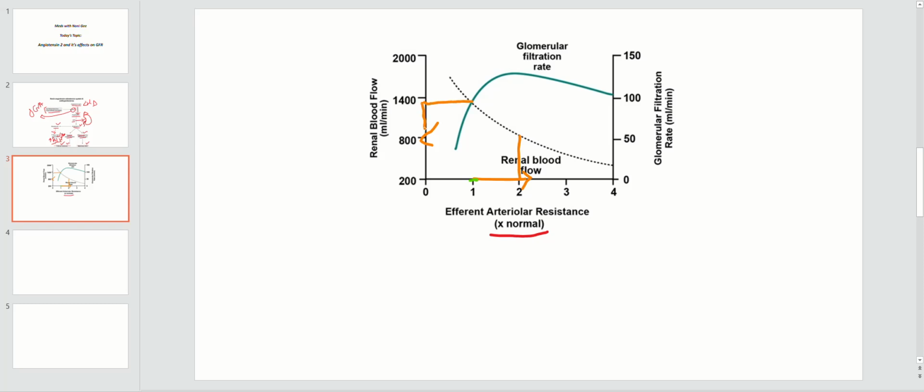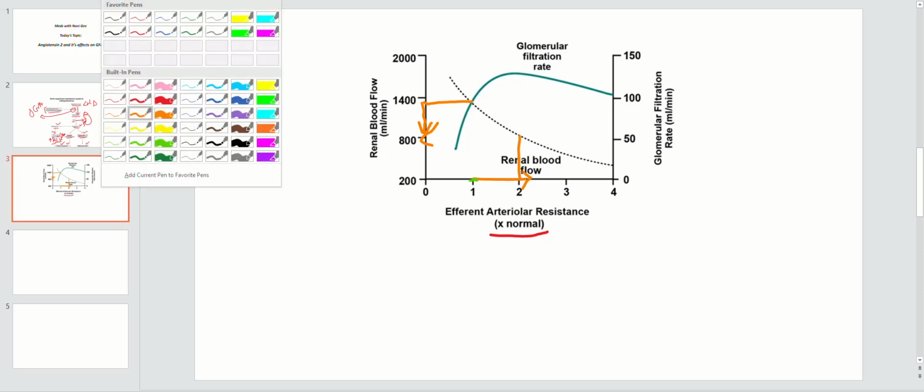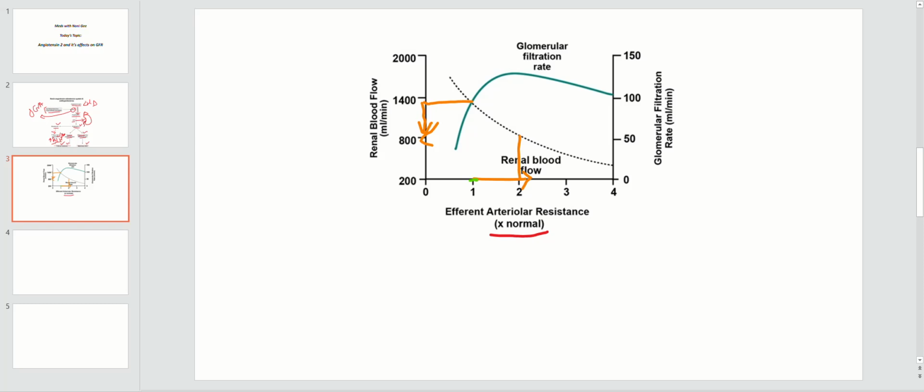From normal, your renal blood flow goes down to 800. Now you have to calculate the effect on your GFR. You draw the line straight up until it touches your GFR line, and then take it towards the right side, which denotes that your GFR becomes like 130 or 120 ml per minute, which is increasing.